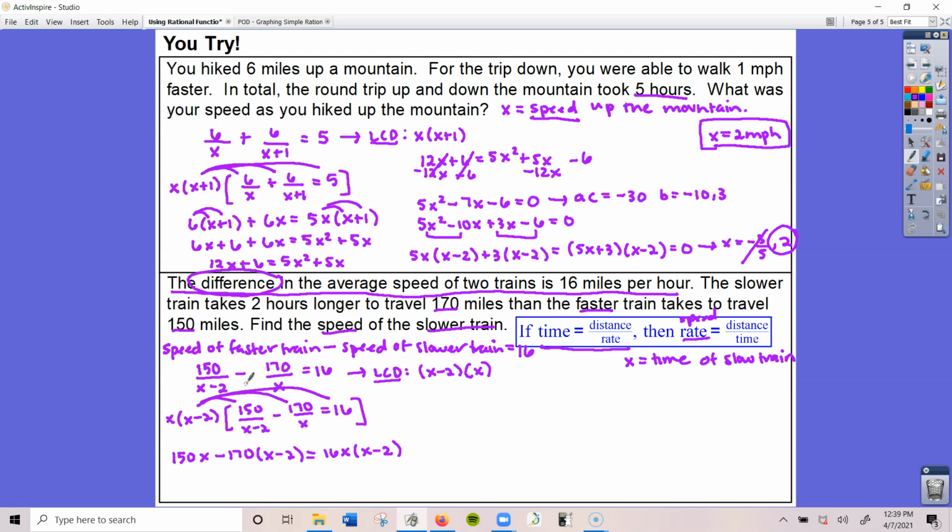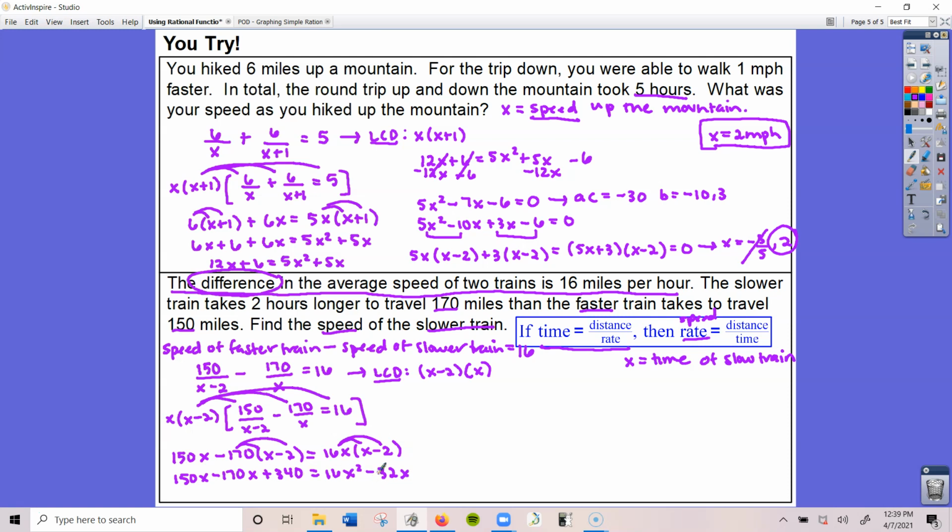Now we're going to distribute everything and see what we end up with. So we're going to distribute this negative 170, and we get 150x minus 170x plus 340 is going to equal to 16x squared minus 32x.